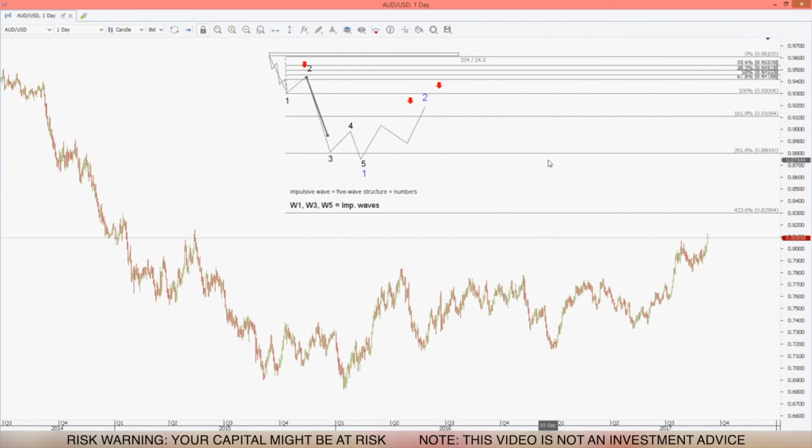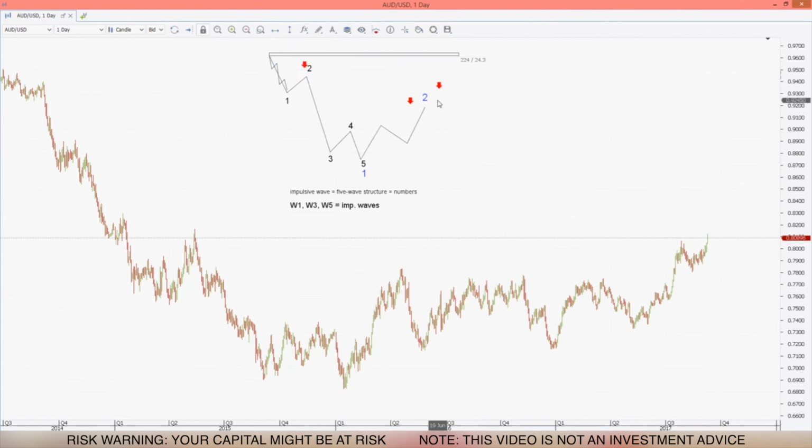Any impulsive wave must have an extension. Extension is mandatory, and the 161.8 extension is only the minimum distance for the price to travel. It may travel 261.8, 461, or staggering amounts in very strong trends.